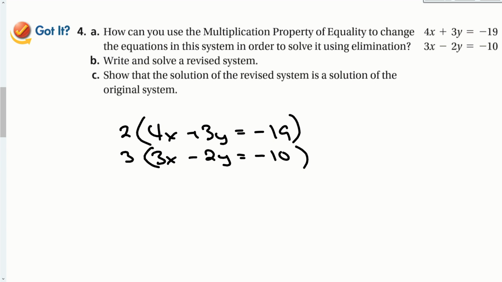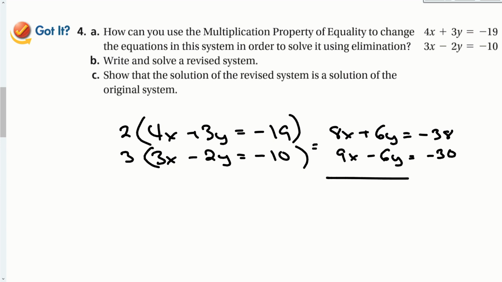I could multiply the top by 3 and the bottom by negative 4, but those are bigger numbers, and one of them's negative, so that seems a little bit harder to me. 8x plus 6y is equal to negative 38. 9x minus 6y is going to be equal to negative 30.